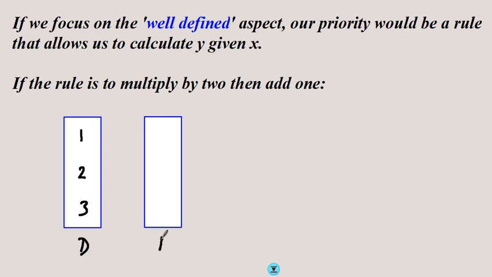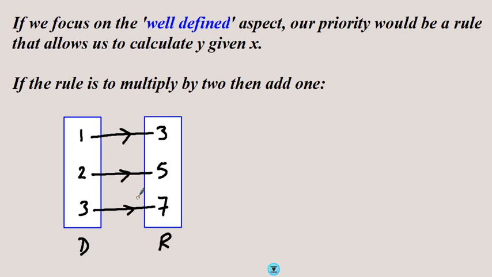Then the elements in the range will be: multiplying 1 by 2 and adding 1 gives 3. Multiplying 2 by 2 and adding 1 gives 5. Multiplying 3 by 2 and adding 1 gives 7. And obviously the link is between each element and its image.